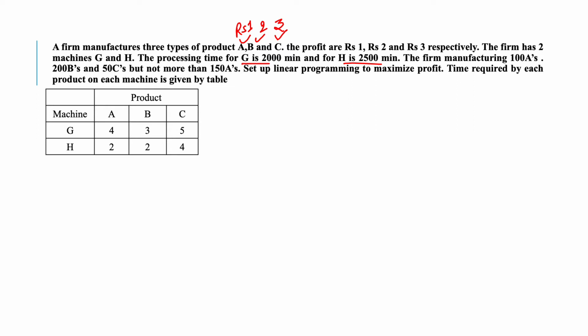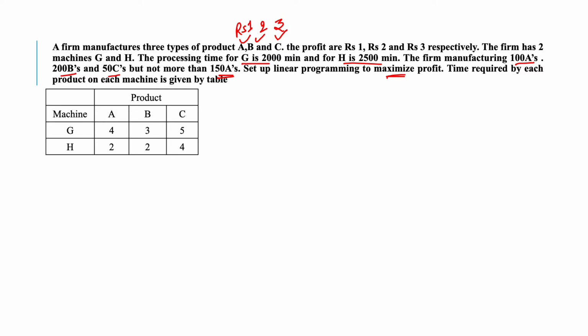Then the firm manufactures 100 A's, 200 B's and 550 C's, but not more than 150 A's. So for this we have to set up a linear programming problem to maximize my profit, and the time required for each product on each machine is given by this table.